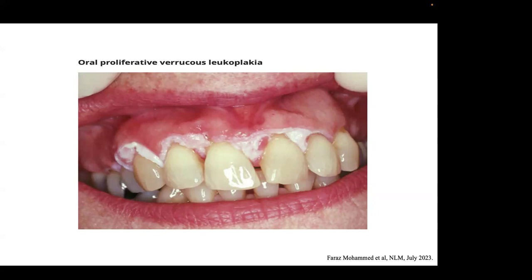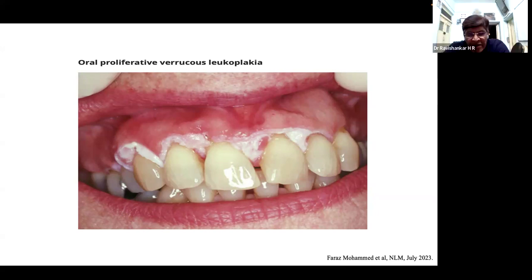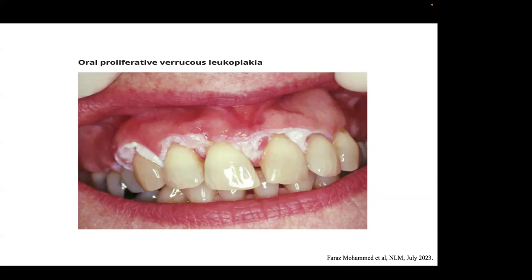But if a non-smoking person or a person who doesn't have any habits happens to have this pre-malignant condition, their chances of turning into malignancy are higher than a person with habits.